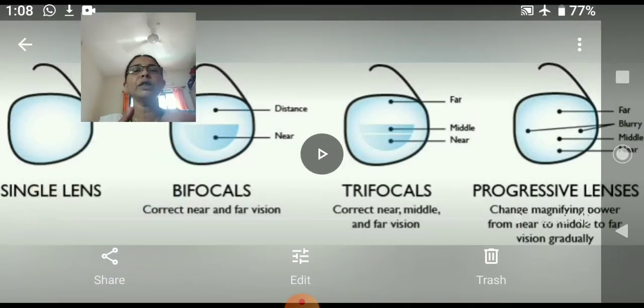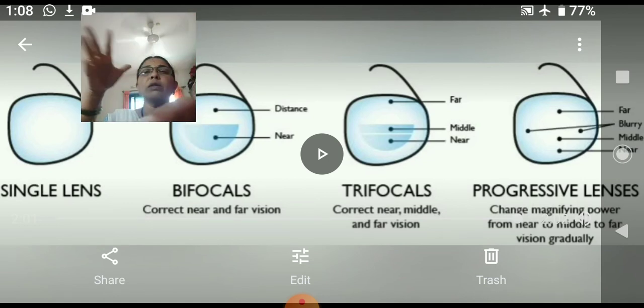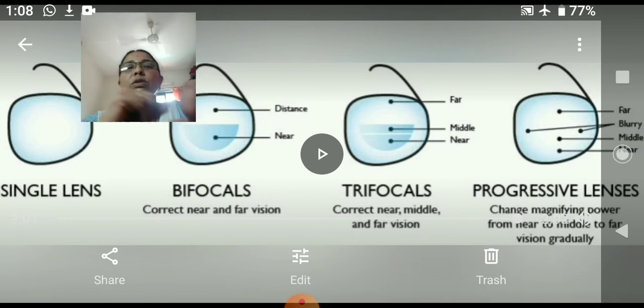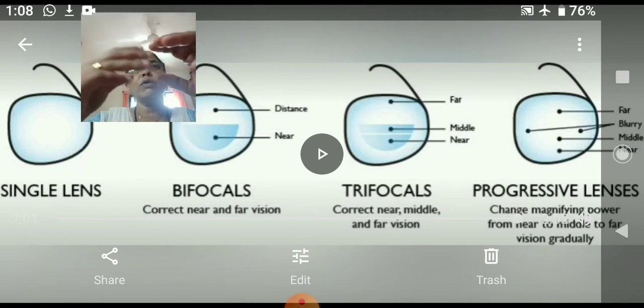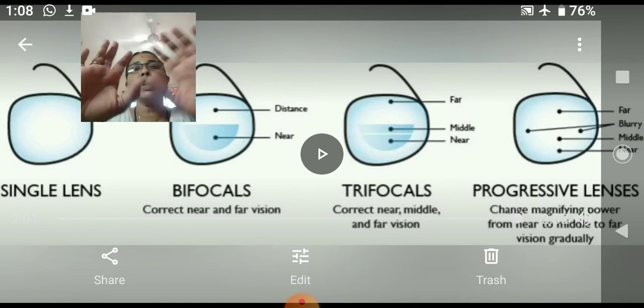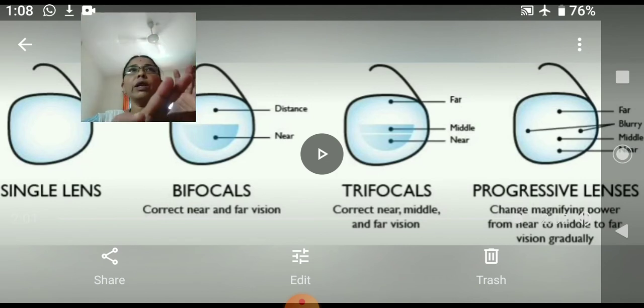First is the single lens, where the overall number is the same. These single lenses can be used for children below 40 or at an age when there is a lot of stress on your eyes. The overall vision has changed, so you get a single lens where the number is the same everywhere.